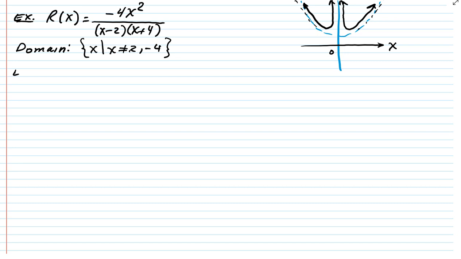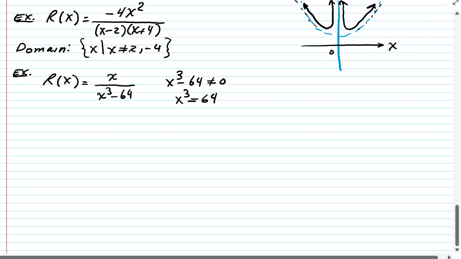Another example. Let's say we want to find the domain of this one. What if the function this time is x over x cubed minus 64? Again, in this case, x cubed minus 64 cannot be 0. So that means x cubed is 64, and I'm looking for real zeros here. Take the cube root of both sides.